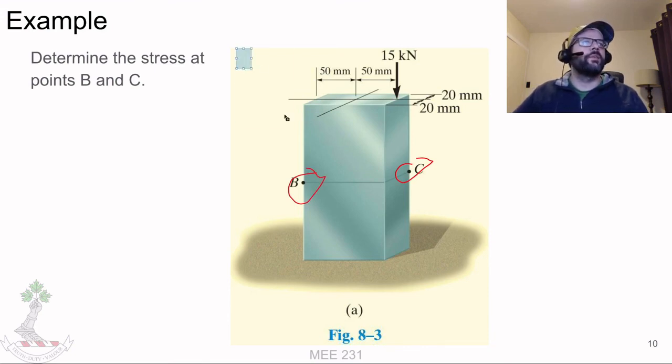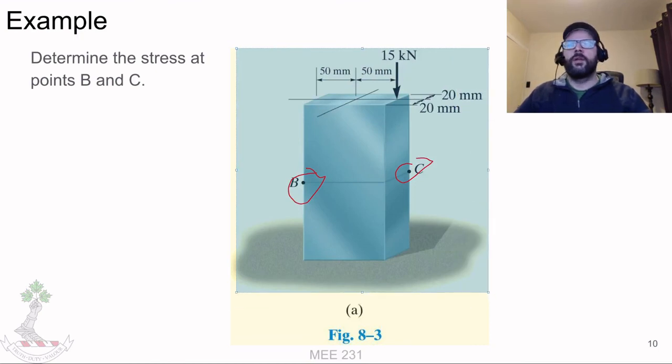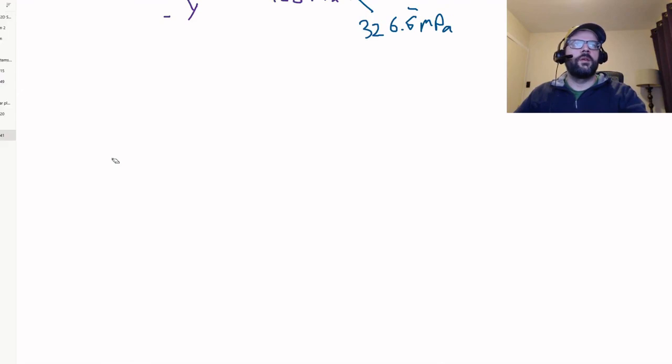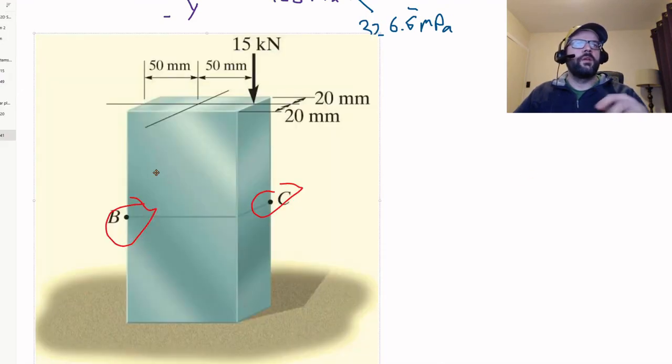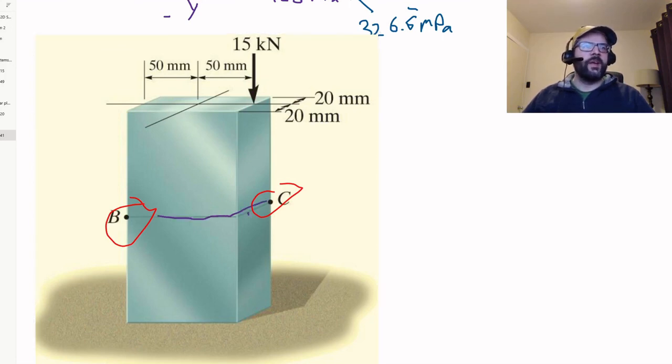So having a look at that, if we wanted to be in equilibrium here, examining the situation that's going on here, in order for this cross section to be in equilibrium, you're going to have an equivalent axial load, and that axial load's going to be equal to 15 kilonewtons.